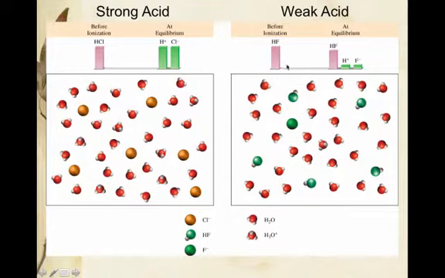So this is showing that in the strong acid all of the hydrogen and chlorine separate, so we have 2 separate ions in solution now. Whereas in a weak acid, the concentration of hydrogen and fluorine ions are very small compared to the hydrofluoric acid concentration that's left. Does that make sense? The difference between strong and weak?